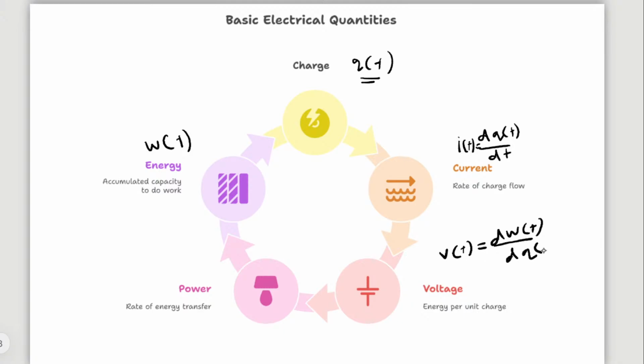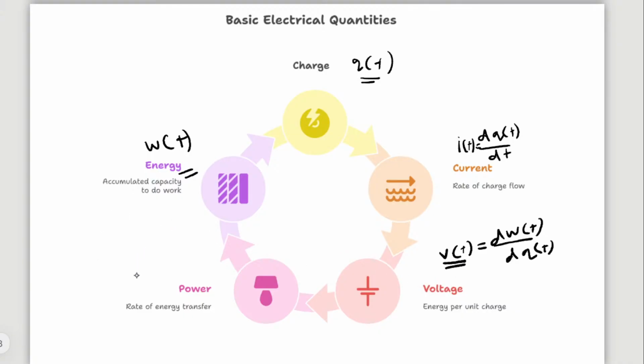All are functions of time. Here w of t is energy, so the work done per unit charge is called voltage.